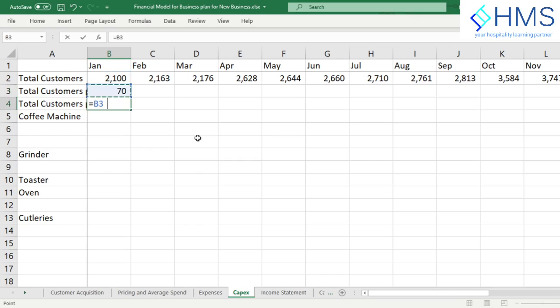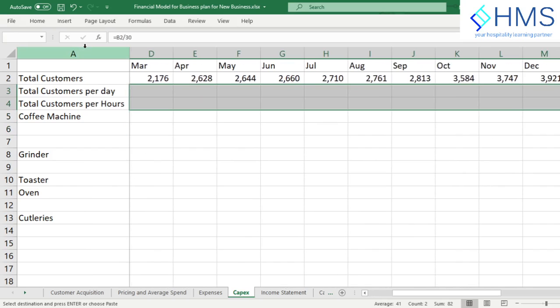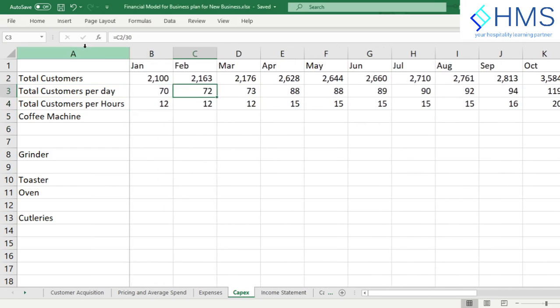Per hour, on an average, the restaurant is going to be busy only for 6 hours, even though it may operate for the full day. Not every time will customers be coming to the restaurant. Then you know how many customers we would need to serve on an hourly basis.